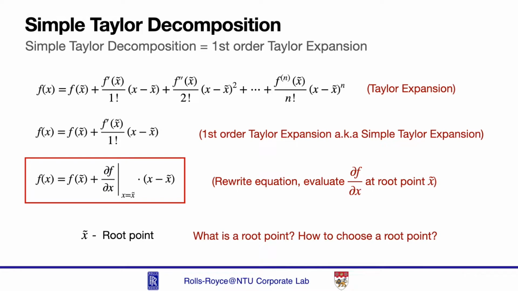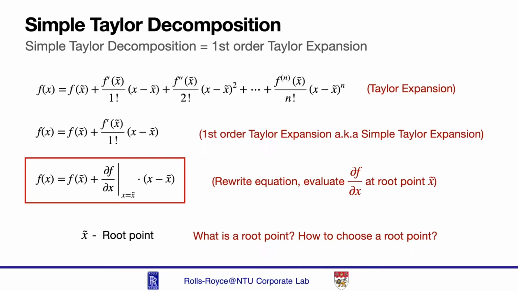But in our method, this is not really what we use, because our method is called simple Taylor decomposition. The simple Taylor decomposition is actually equivalent to the first-order Taylor expansion, which is shown as the second equation here, which means we get rid of the higher-order terms and only use the first term.